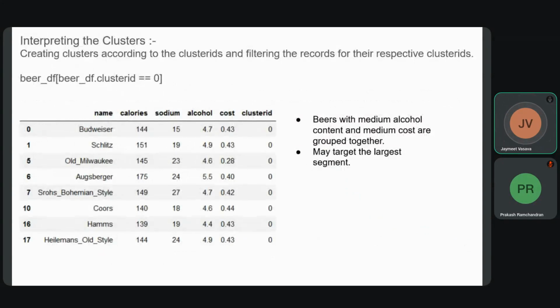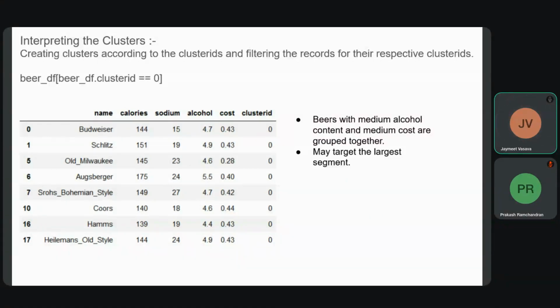So you can see the BRDF now contains a cluster ID. Printing the cluster ID equals to 0, these are the brand names that show up with their respective indices.